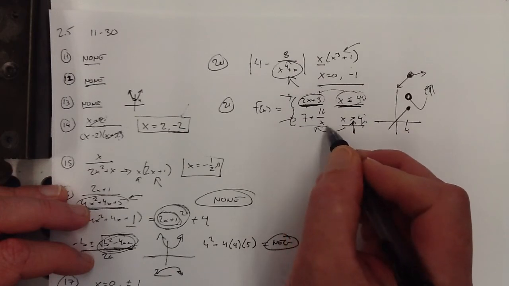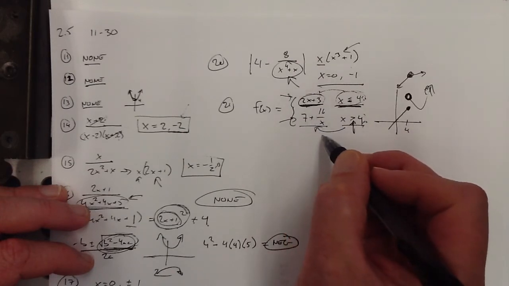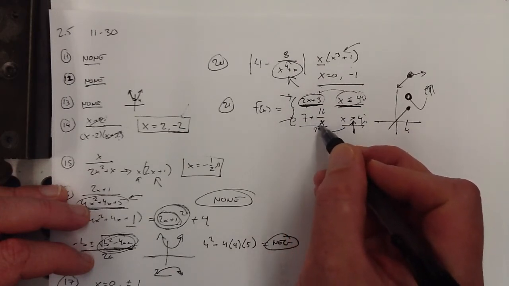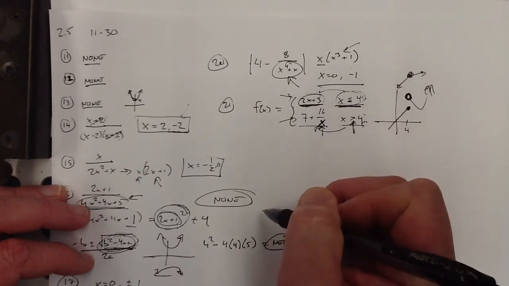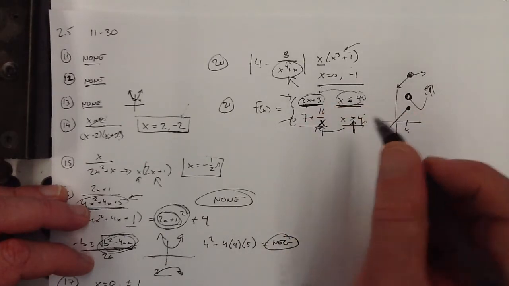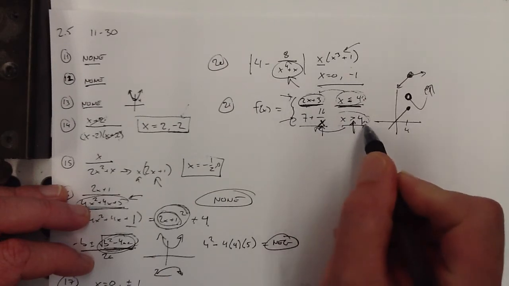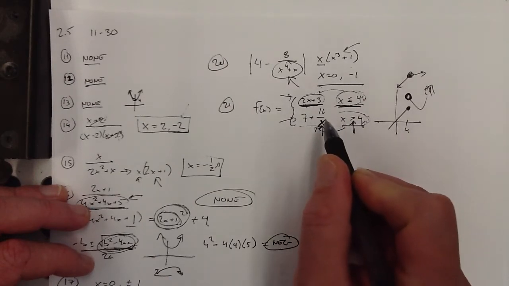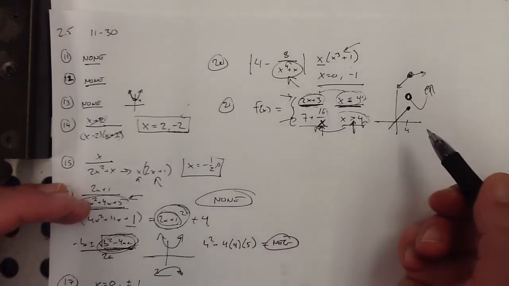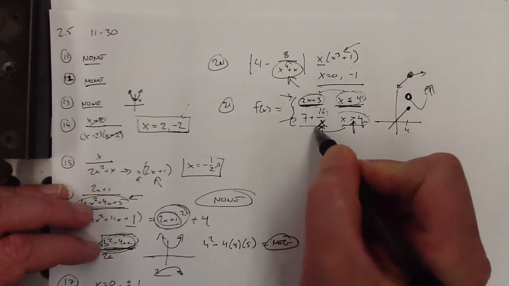Okay? Here, are there any problems? Yes. You cannot plug 0 in here, because that's going to cause a divide by 0 error. But the next thing we do is we look at the subdomain. 0 is not part of this subdomain. So although you can't plug 0 into this, that's okay because you're not going to be plugging 0 in.